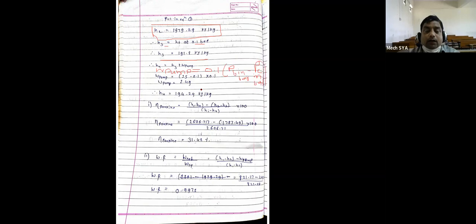In that case, its value will be 0.1 into 25 minus 0.1, and it is 2.49 kilojoule per kg.